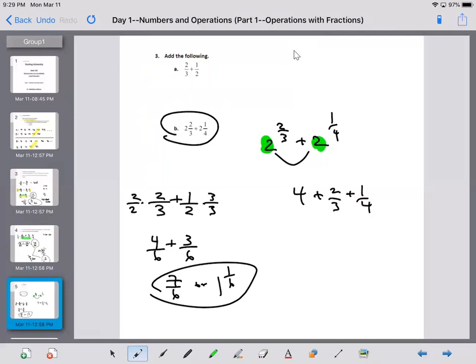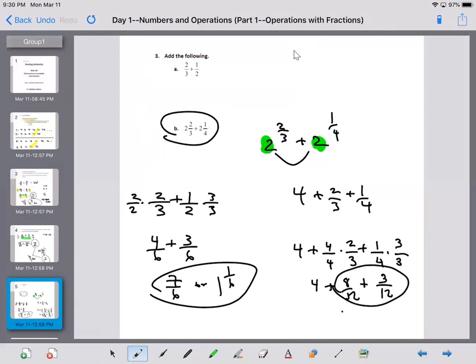And since thirds and fourths, we would multiply this by 4/4 and this one by 3/3. And so that would be 8/12 and 3/12 and 4 wholes. So this here would be 11/12 plus the whole number. So we would have 4 and 11/12.